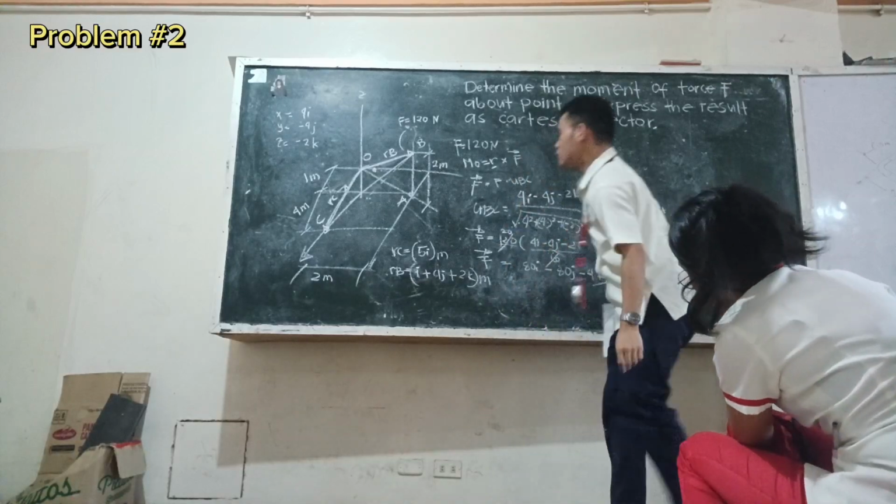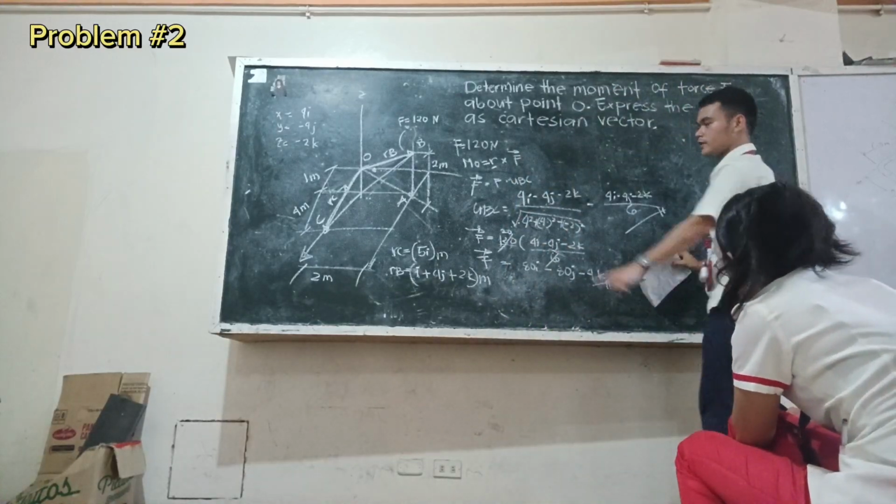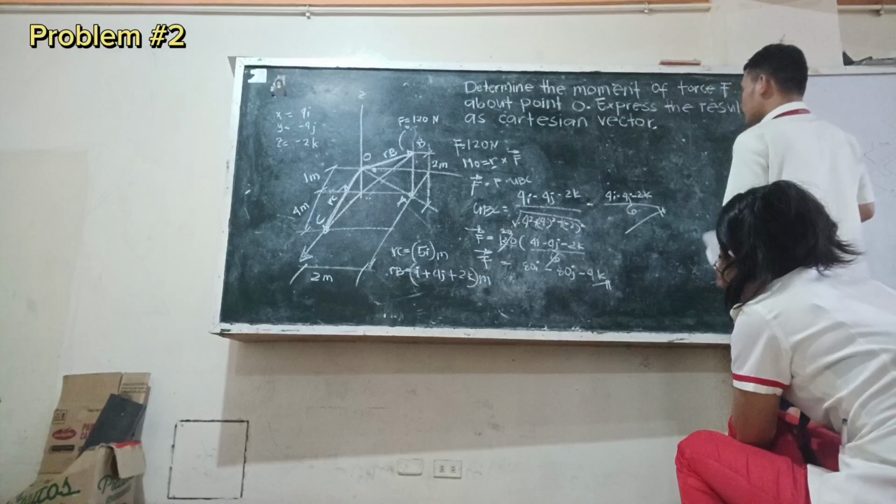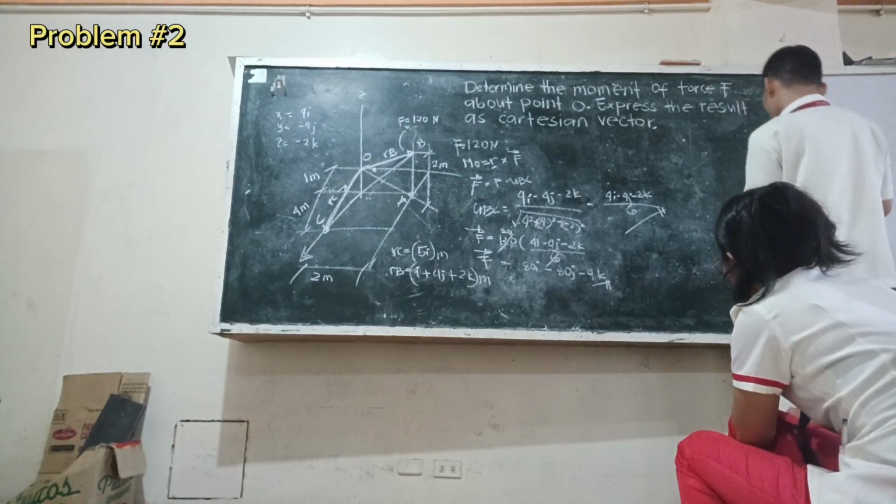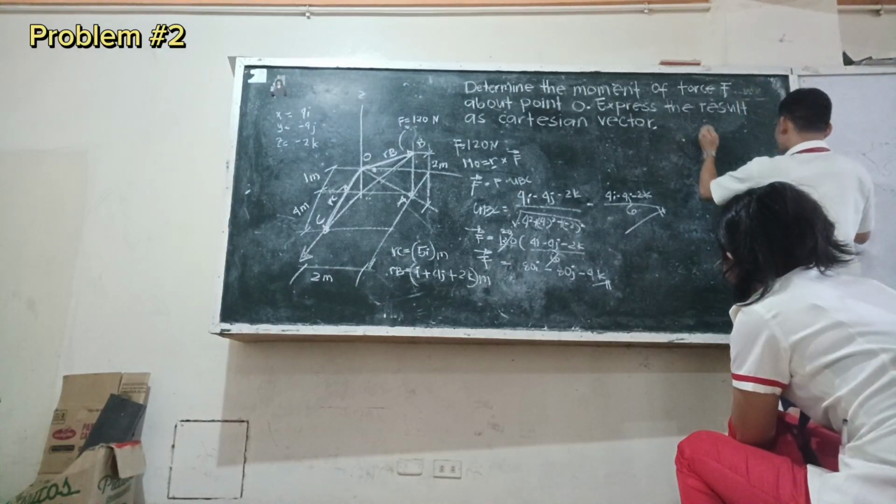Since we already know rC and rB, we can now solve for the moment O using the cross product.